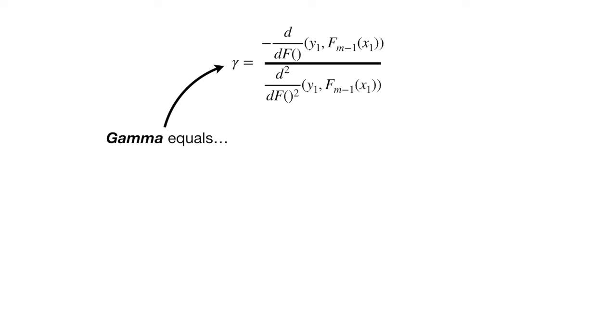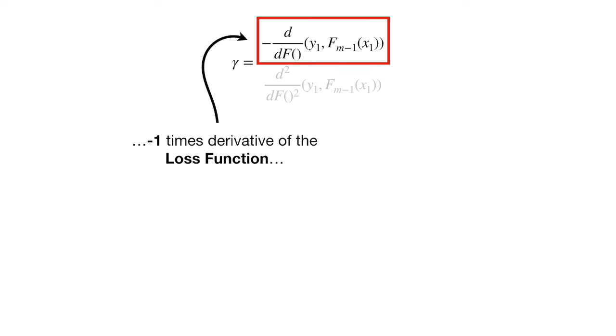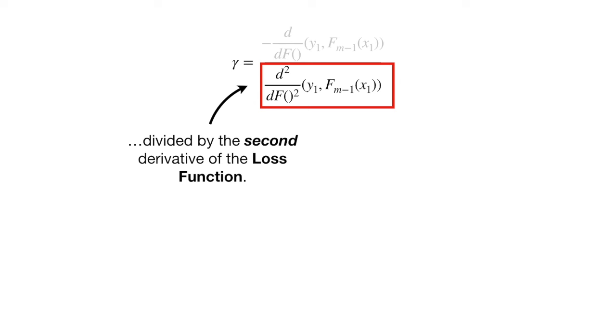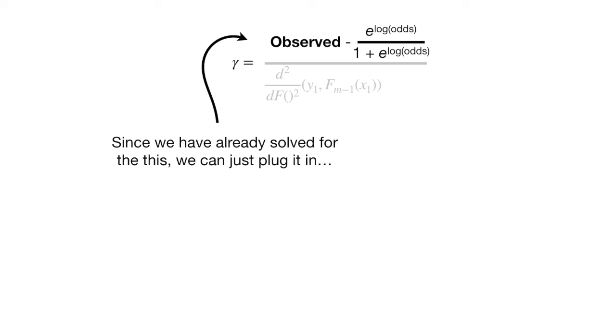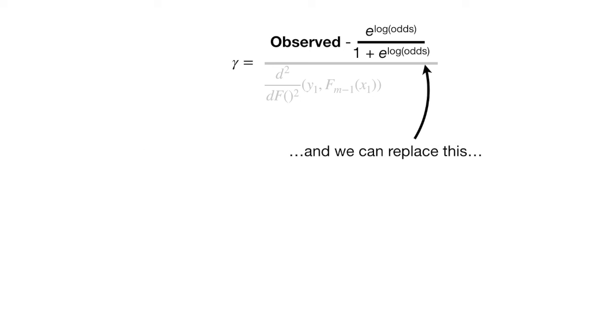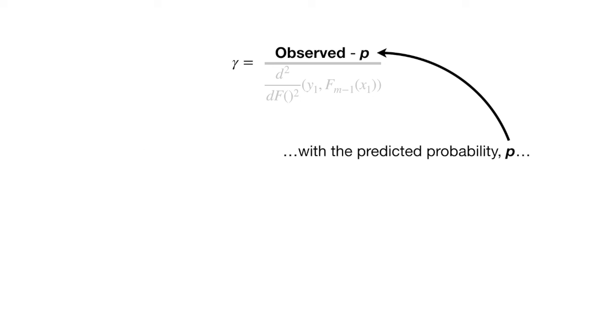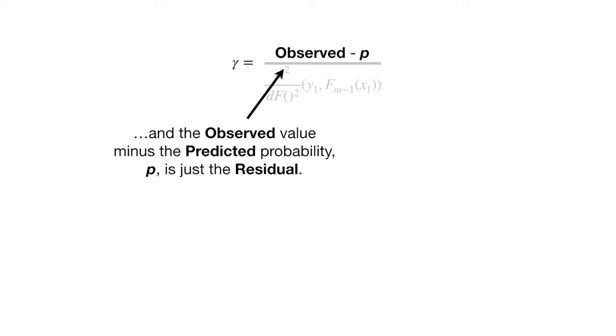Gamma equals -1 times the derivative of the loss function, divided by the second derivative of the loss function. Since we have already solved for this, we can just plug it in, and we can replace this with the predicted probability, p. And the observed value minus the predicted probability, p, is just the residual.